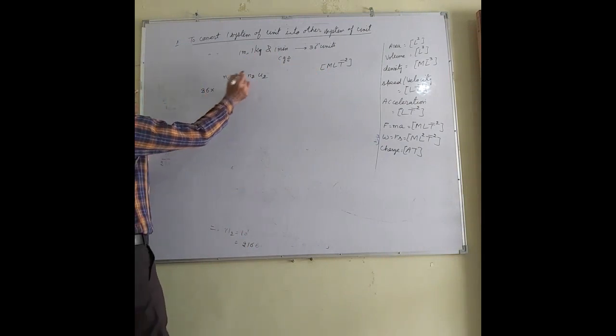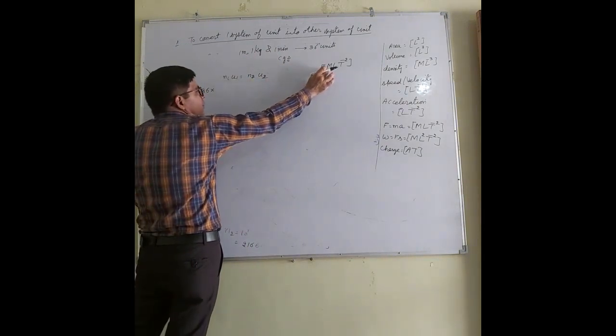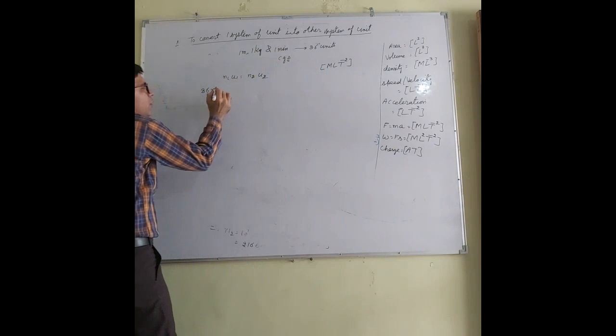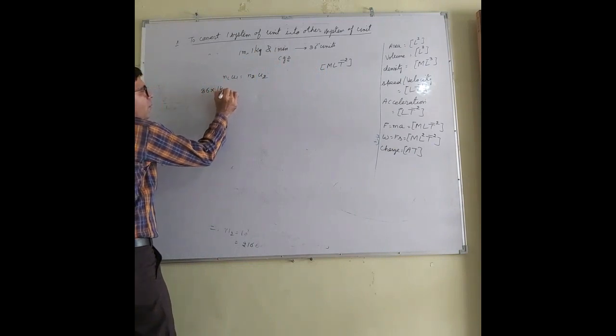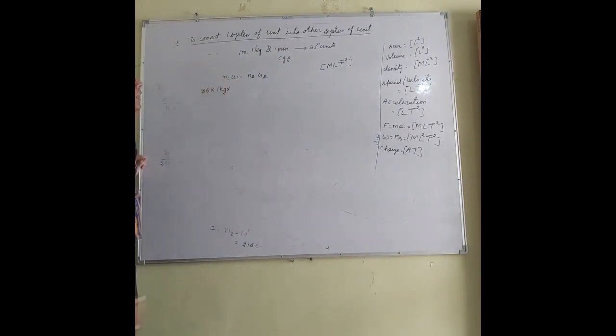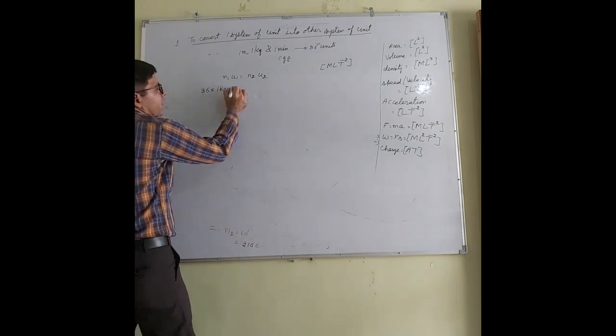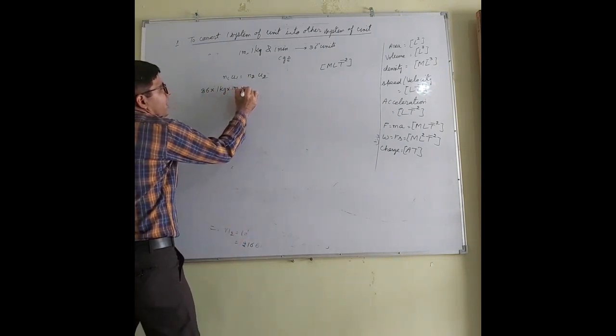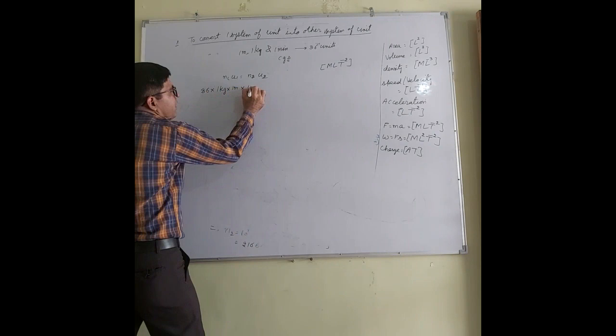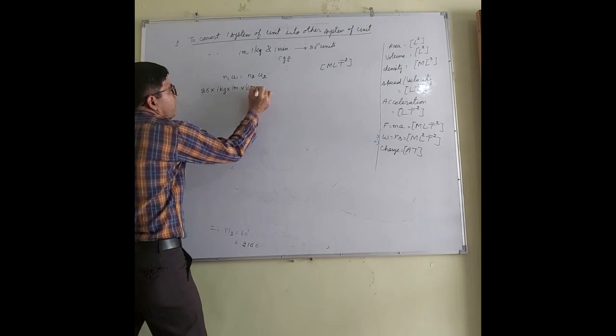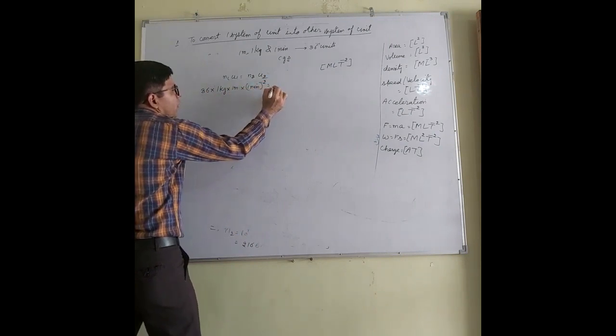So in place of M, which stands for mass, I will write 1 kilogram. In place of L, I will write 1 meter. And in place of time, I will write 1 minute to the power minus 2.